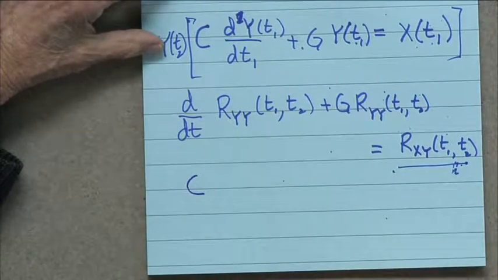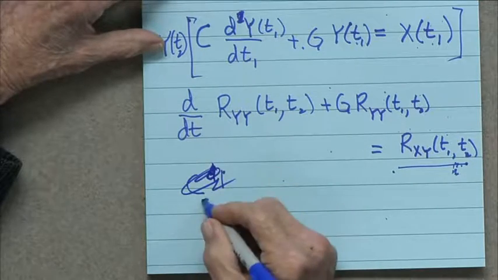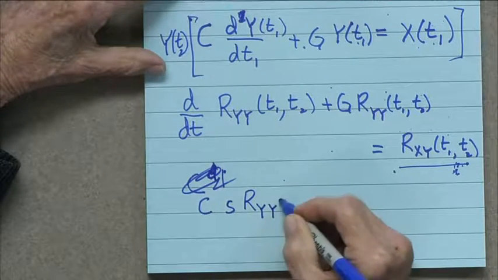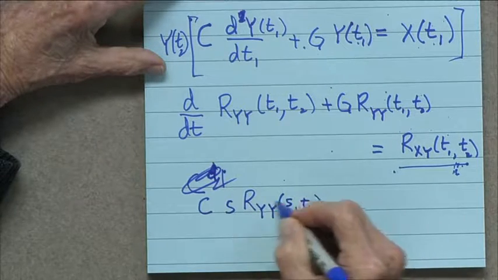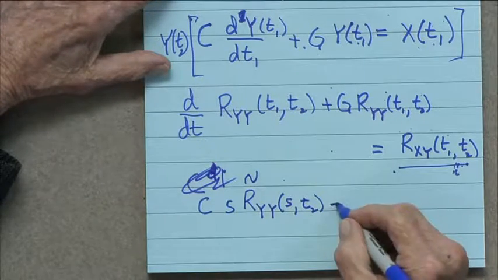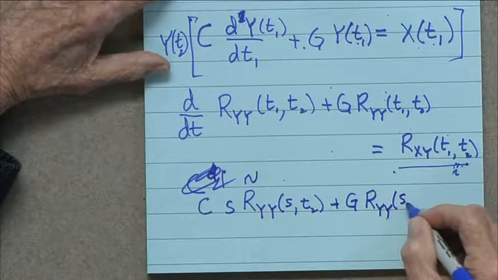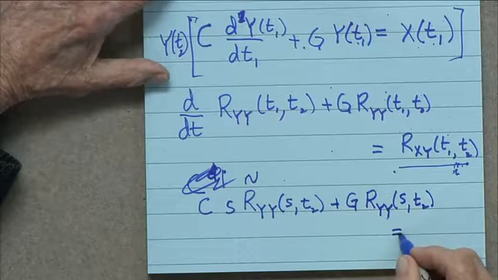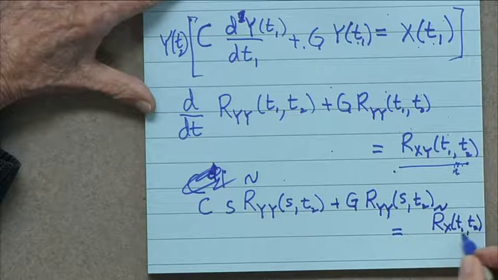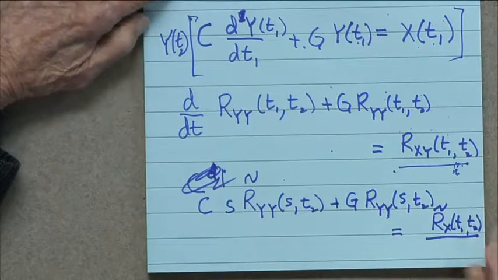We have C S R_YY curly of S, T2 plus G R_YY curly of S, T2, and that's equal to R_XY curly of S, T2. And that's that.